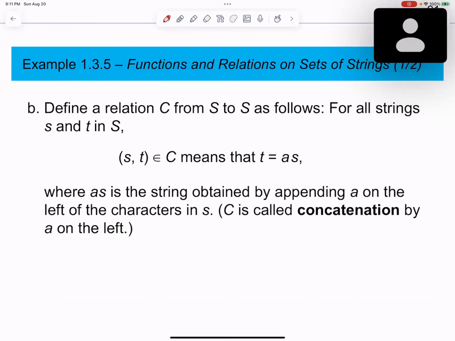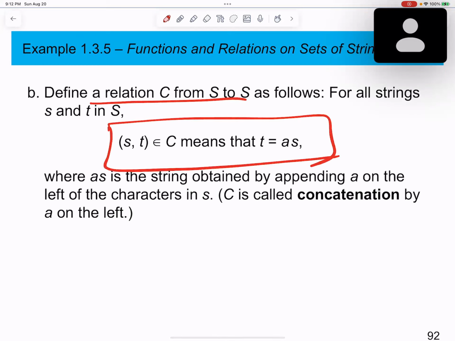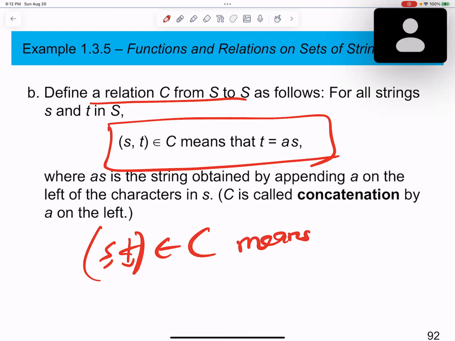I love this example. This is a relation from S to S. And the relation is defined as this. The pair (s, t) is a relation means that your t is s appended with a string. So concatenation means you are appending strings.